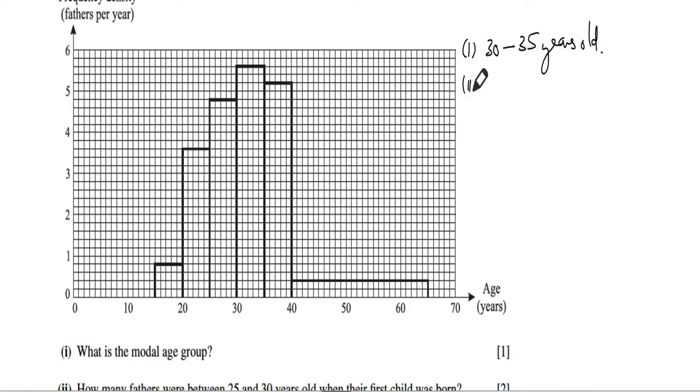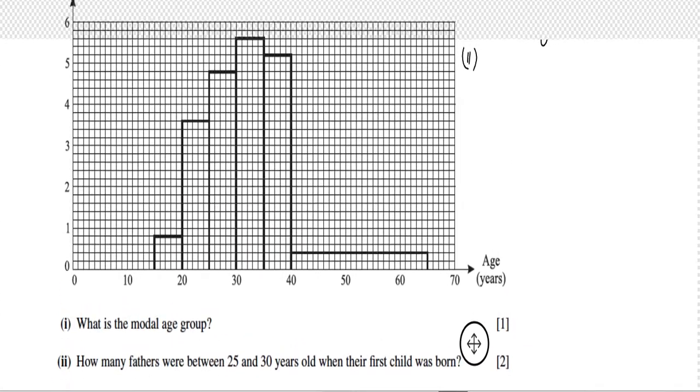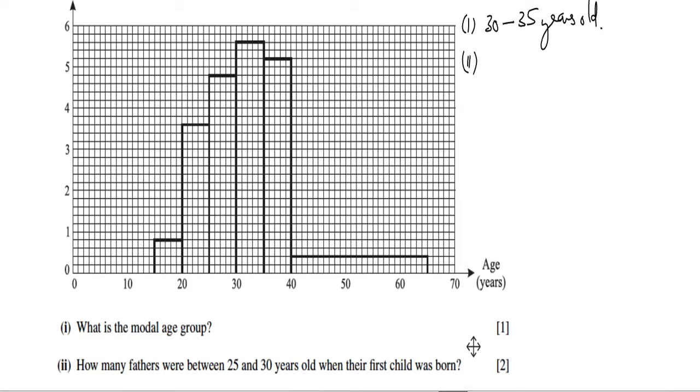And part 2: how many fathers were between 25 and 30 years old when their first child was born? So the age group is 25 to 30.